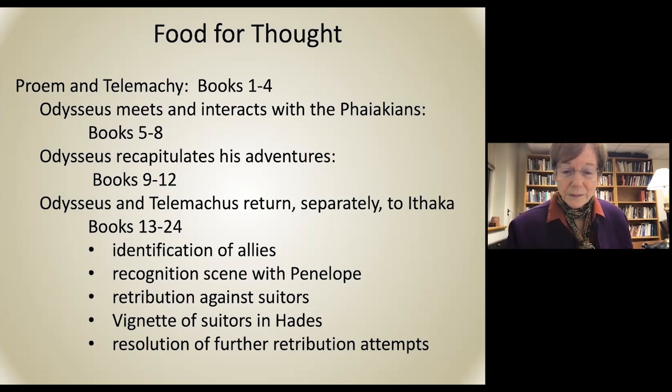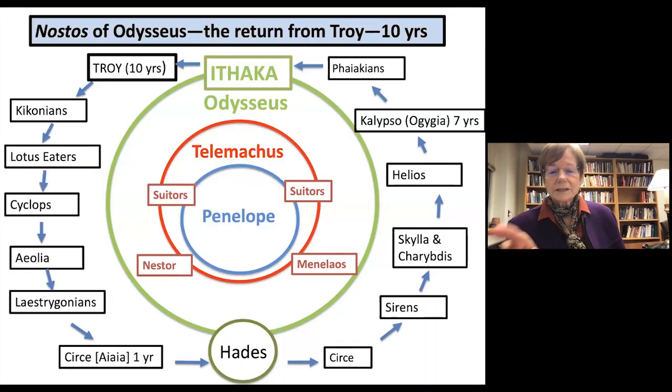So this is a complicated diagram, and I invite conversation, but the three circles represent these three themes, these three plot lines that I've been talking about.